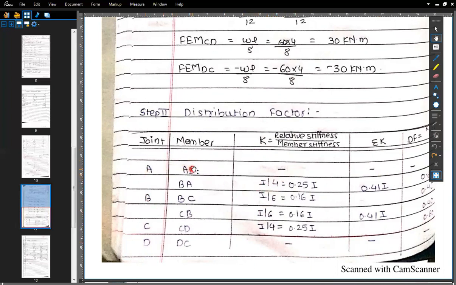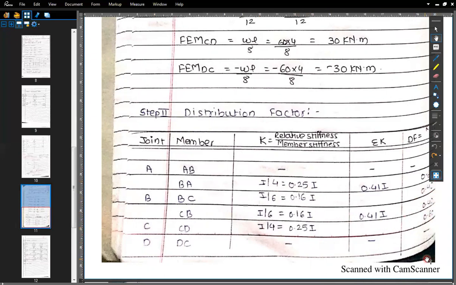Here for the AB span the far end is fixed, that's why K is 0, and similarly for D the far end is fixed, that's why K is 0. So according to that we are going to add up these two relative stiffnesses to arrive at the summation of K for the B joint, and similarly for the C joint.